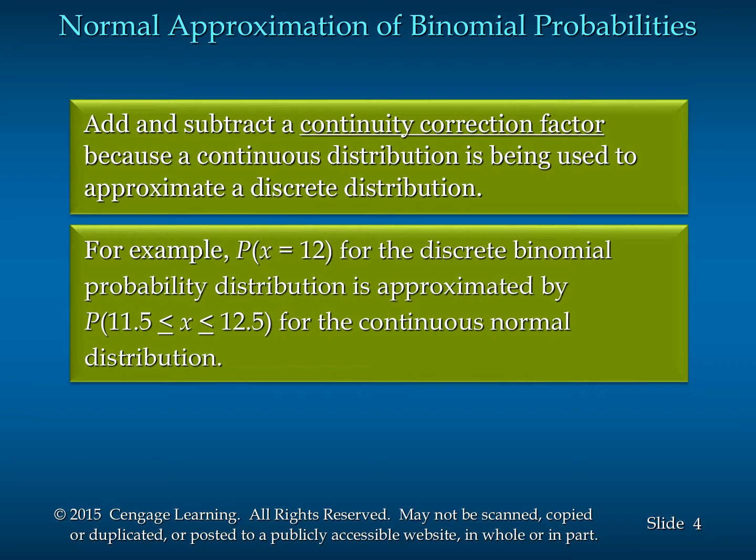But for example, if in a binomial distribution we are interested in the probability of x equal exactly 12, then we will add a correction factor of 1/2. So we're looking at the probability that x is between 11.5 and 12.5 on the continuous normal distribution.